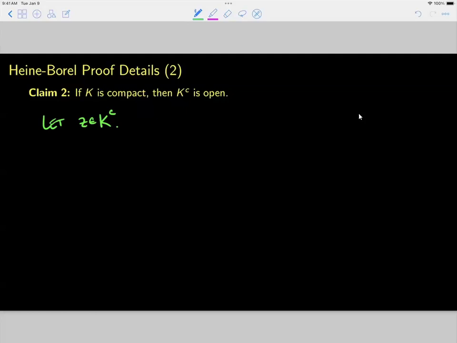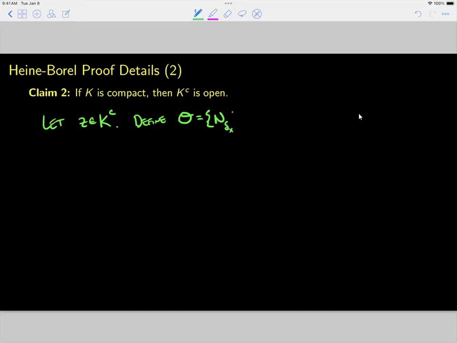So let's see how we're going to do that. I'm going to define an open cover of K, not K complement, because I know K is compact. So I want to define an open cover of K, and this is going to look a little mysterious until I get all of this written down.